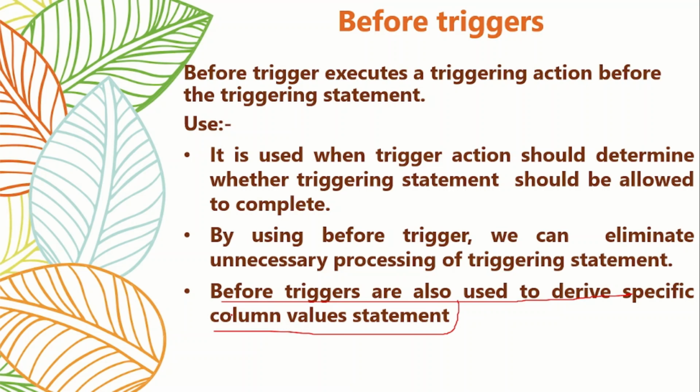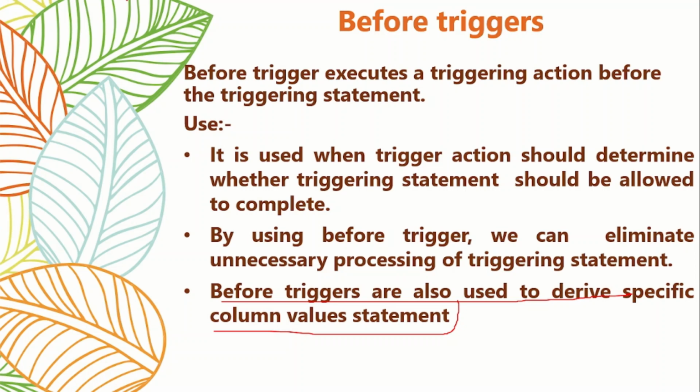Suppose you are putting in your date of birth, then a before trigger can calculate your age based on the current date minus the date of birth. So in such a situation a before trigger can act on it, right?